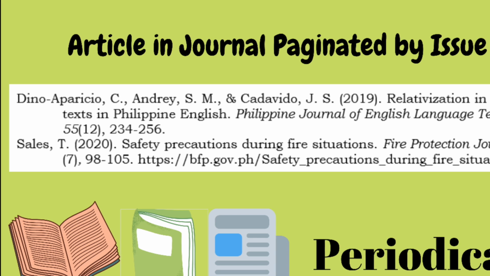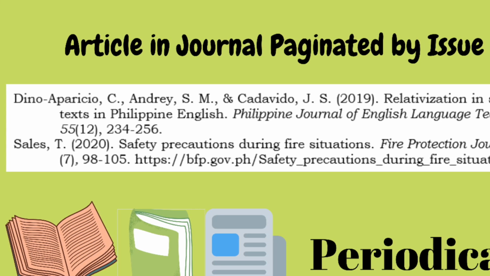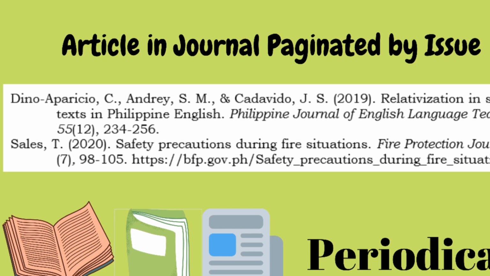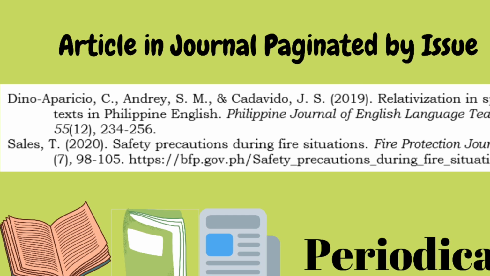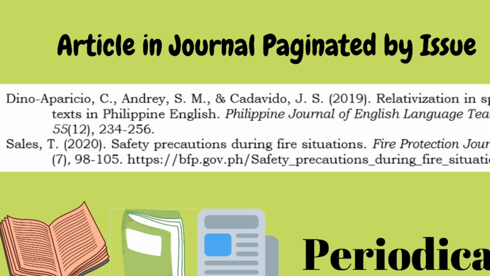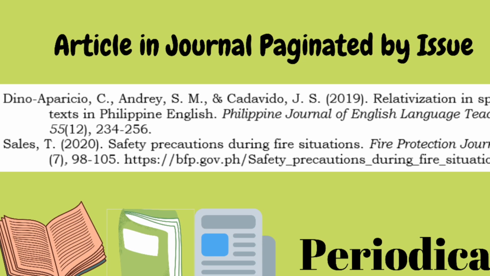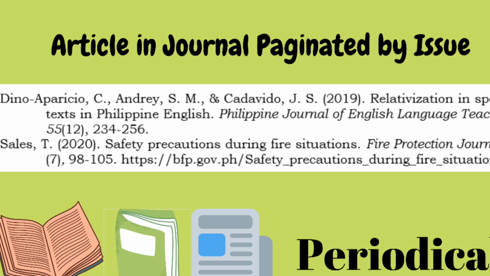If the article is paginated by issue, this is how it looks. In this example, again, we have 3 authors, Dino, Aparicio, Andre, and Cadavido, period. And then, 2019 enclosed in parentheses is the copyright year, period. Write the title of the article, Relativization in Spoken Text in Philippine English, period.